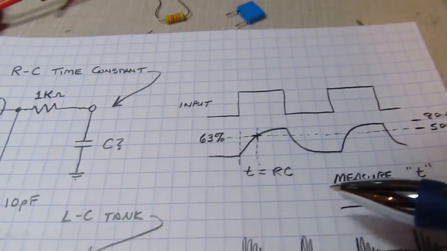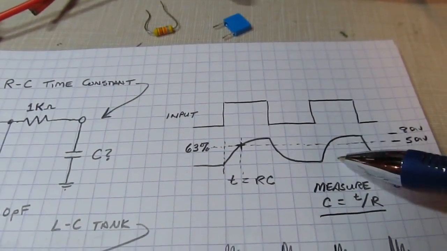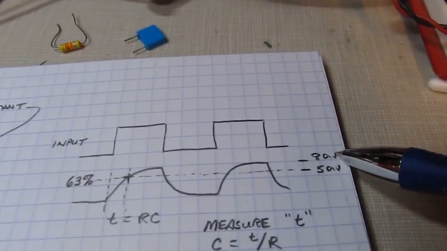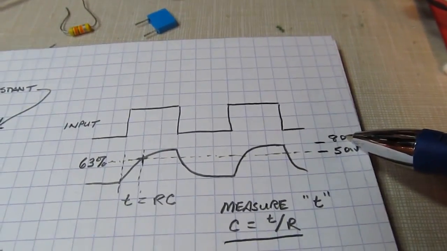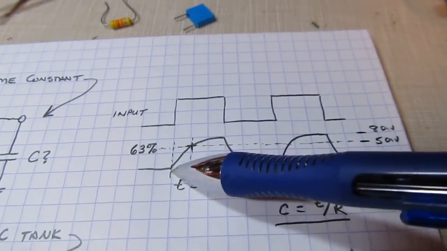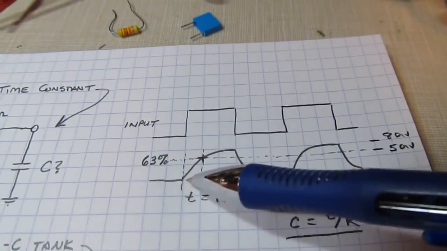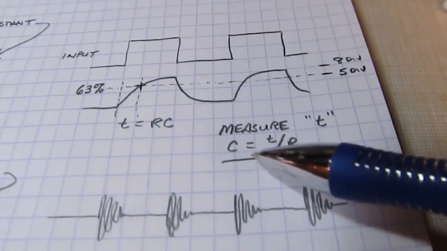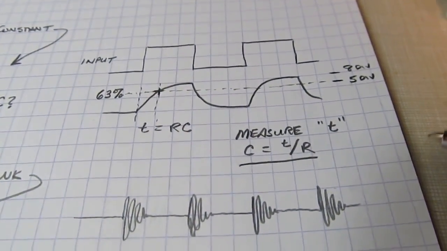To make life even easier, if we adjust our scope so that this signal from top to bottom occupies 8 divisions on the screen, 63% of 8 is 5. So all we need to do is measure how long it takes to go from baseline up 5 divisions out of 8. Now we've measured that time period.